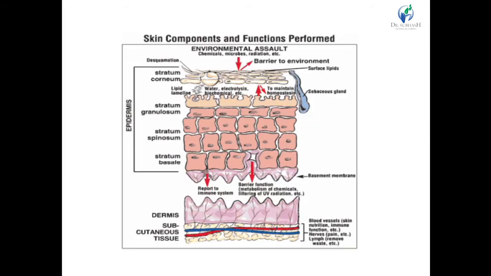So the anatomy and physiology, the basic components of the skin, we have to know before we go for developing or preparing any transdermal drug delivery system. The skin is the largest organ in the human body, providing the major surface area, about 10% of the body mass of the average person, covered by the skin.